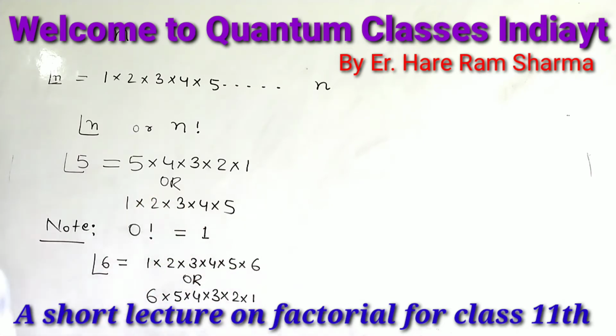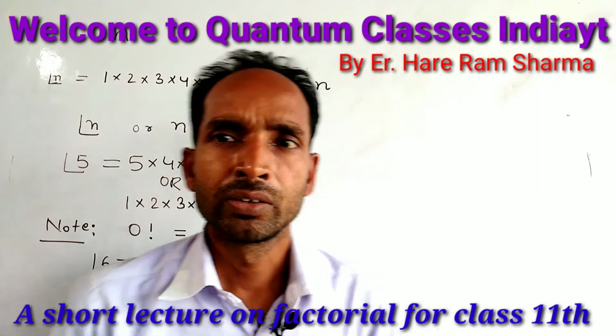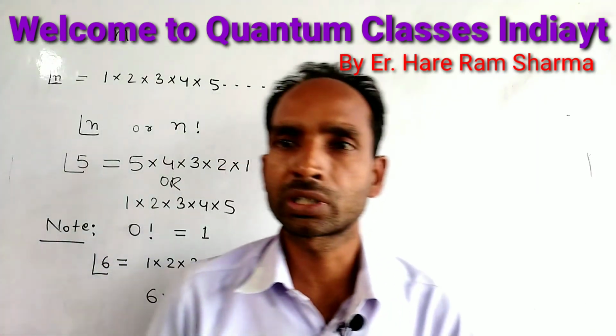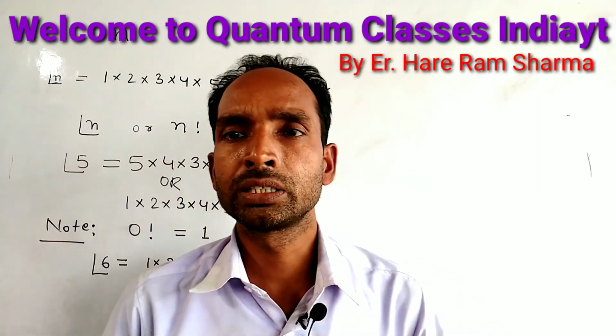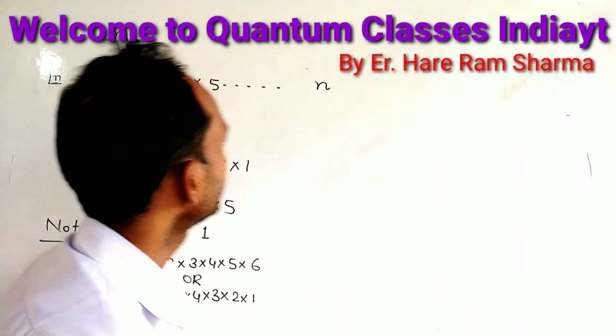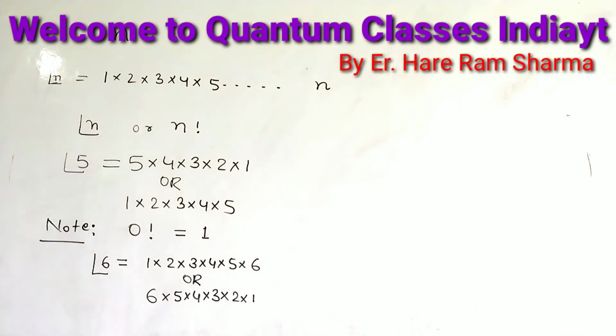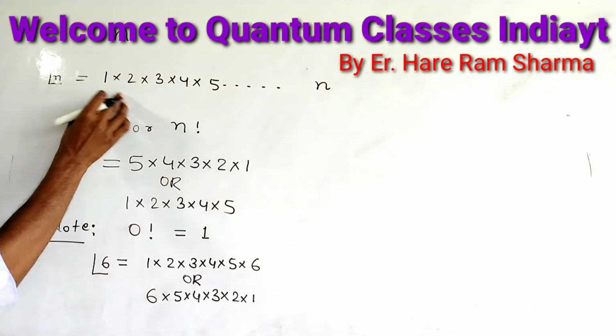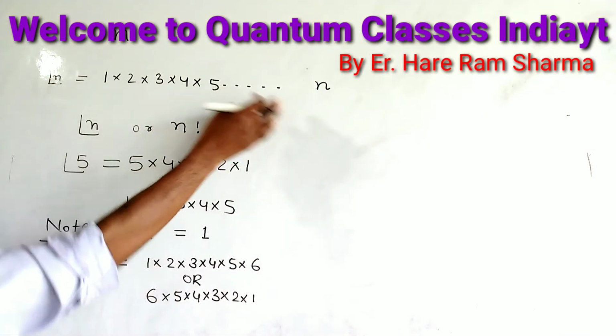This is the meaning of the factorial term. Factorial means the continued product of any natural number starting from 1 to the last term. If factorial n is given, that is the continued product of 1 to n.